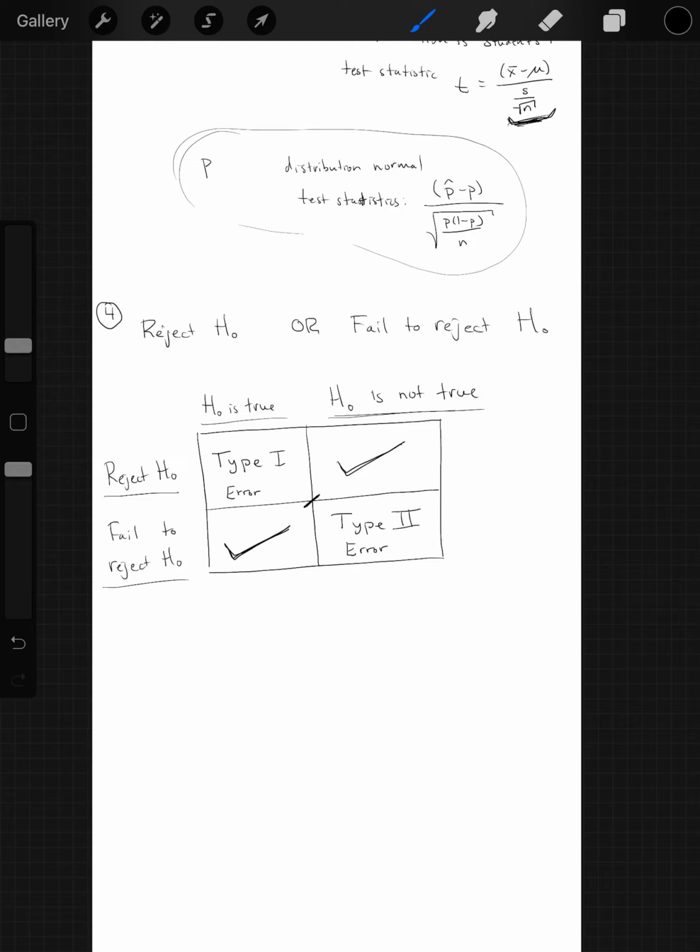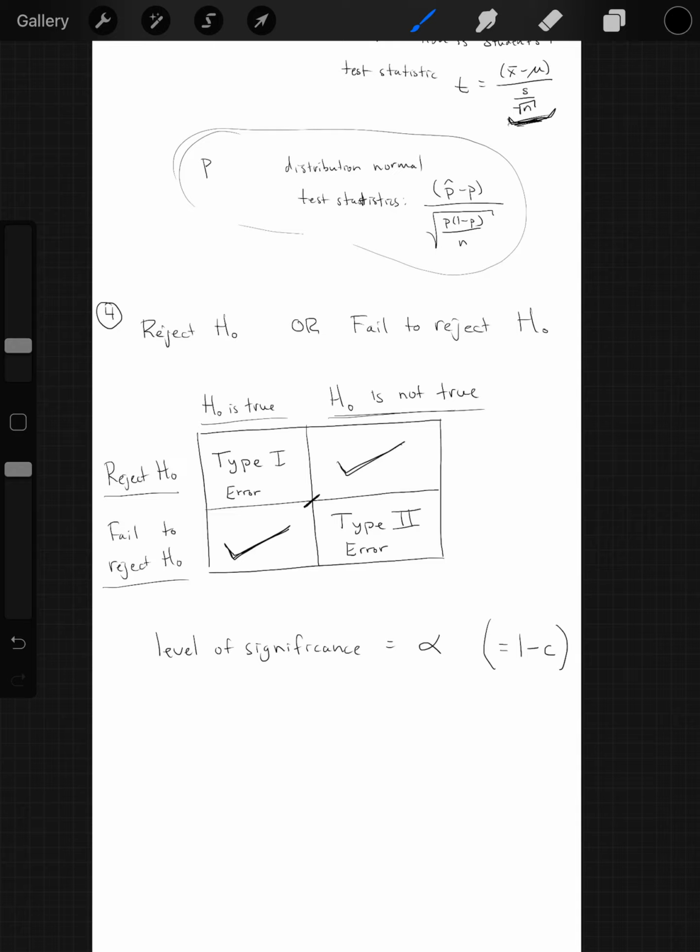All right? And this is the part where I can bring back that level of significance. So the level of significance is always going to be denoted with an alpha, and that's the same alpha that we dealt with for confidence intervals, i.e. this is the same one that's 1 minus C, so the opposite of the confidence level.